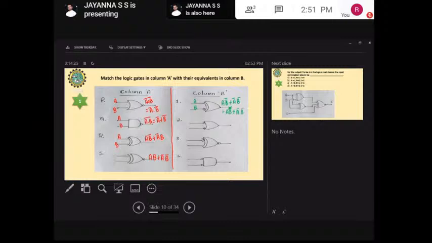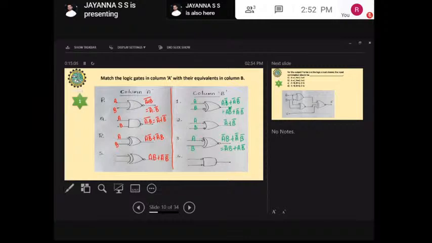Okay, fine. Next, I'm going to apply A and B here. The output will be barred here. I'm going to get A bar plus B bar. Next, coming to here, I'm applying A and B here. So here it will be A bar. Since it is an XNOR, since it is barred here, I'm going to write A bar B plus A double bar B bar, which is equal to A bar B plus A B bar.